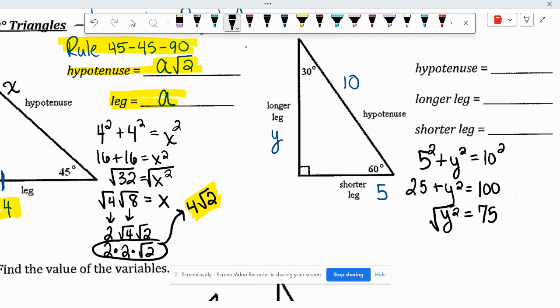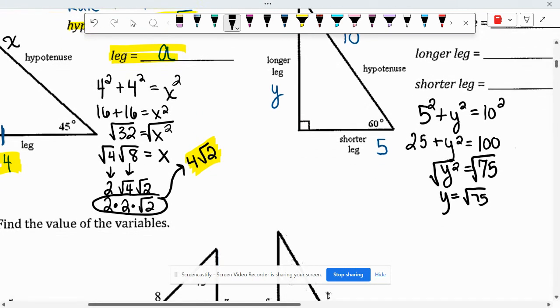Square root of both sides. Y equals square root of 75. Can we break that up? How can we break up the square root of 75? 15 isn't a perfect square.